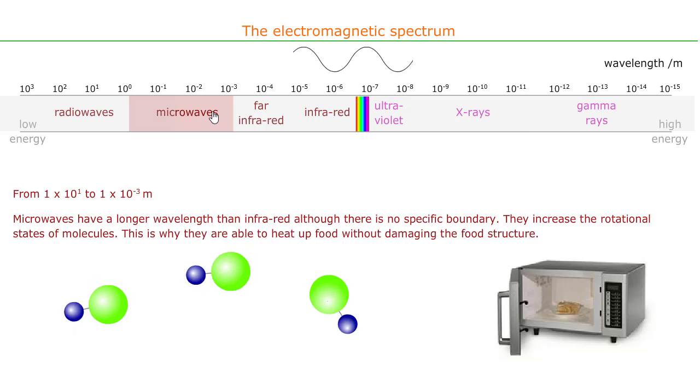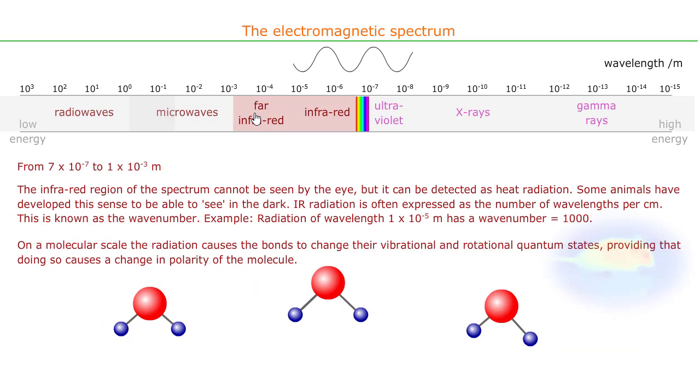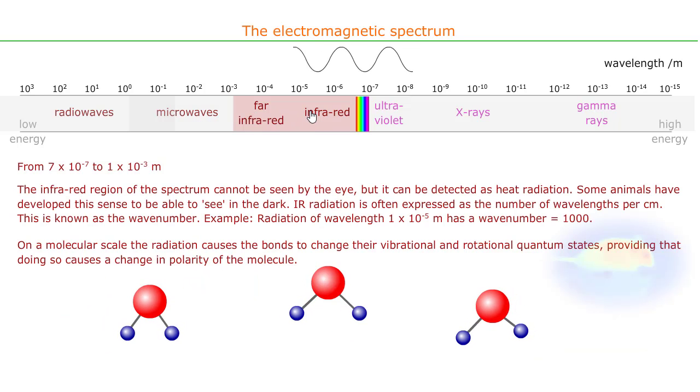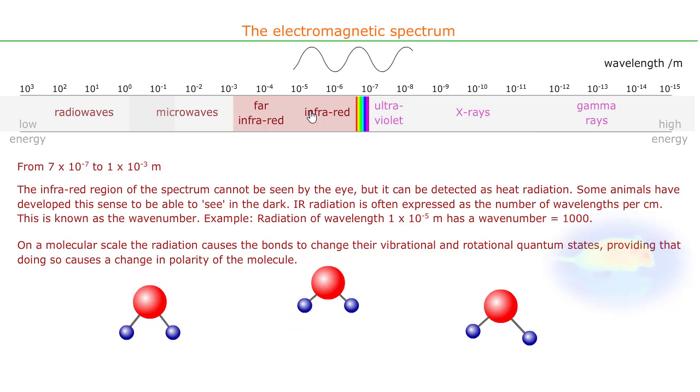If we move into the infrared region and the far infrared, this covers wavelengths of around about a millimeter down to 10 to the minus 7 approximately.